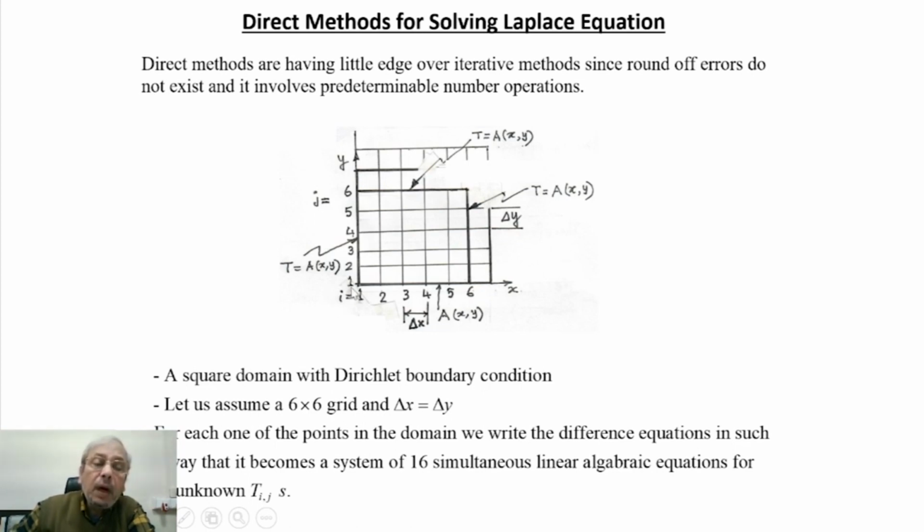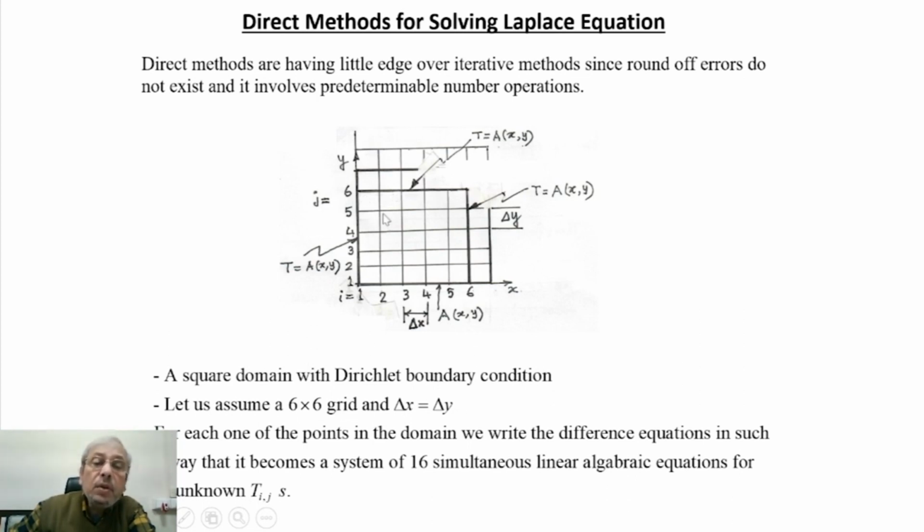Here, at the boundary, conditions are known directly in terms of the dependent variable. These are called Dirichlet conditions, and in parametric form we will call them AXY, AXY, AXY, AXY. These are known. So on this domain we have 6 by 6, 36 points, and at the boundary points values are known.